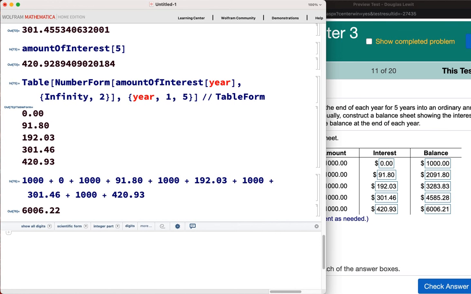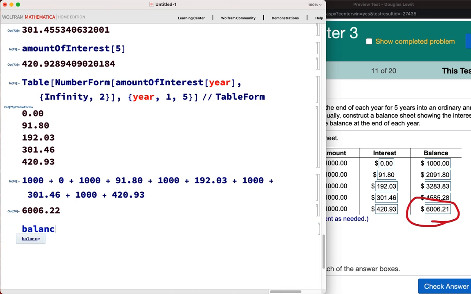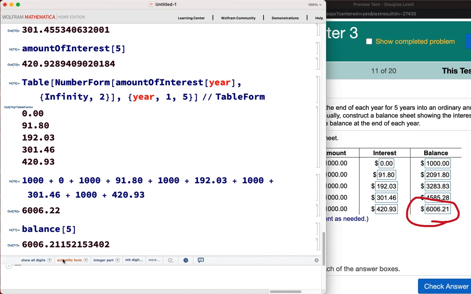And what do I have? I have $6,006.22 right over here. Oh, there's a little bit of a rounding issue going on there. The actual amount, balance 5, $6,006.21.